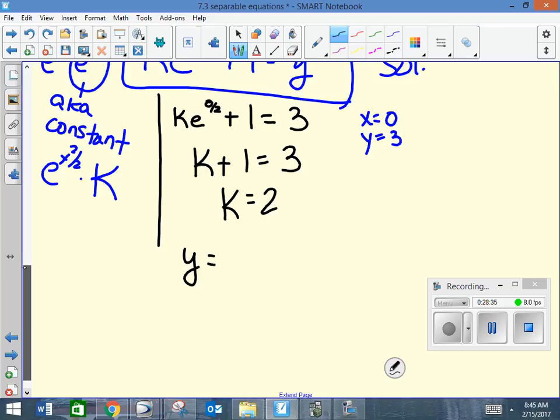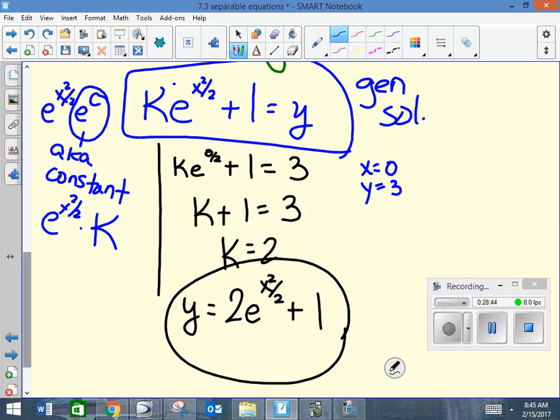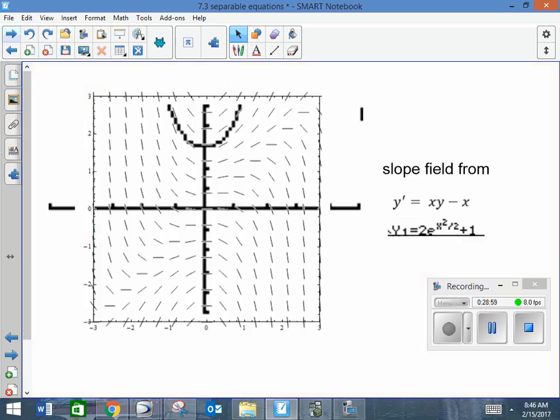Back in the general solution. Okay, e to the 0 over 1. All right. The next page shows the slope field of xy minus x.